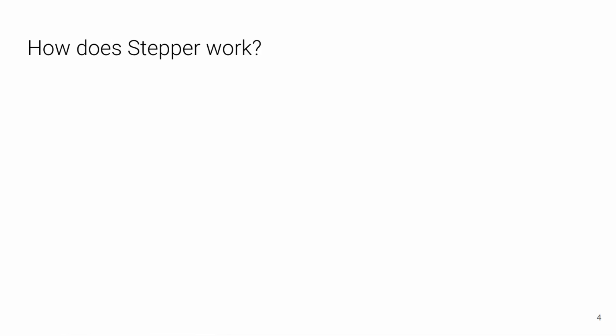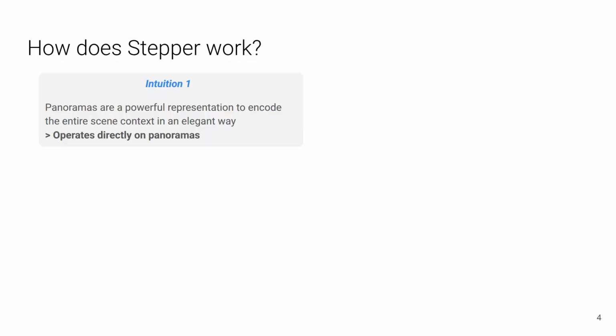So how does our approach Stepper work? Taking inspiration from the baselines, especially from Matrix 3D, we develop two main intuitions. First, we realize that panoramas are a very powerful representation to encode the entire scene context in an elegant way. Therefore, we aim to operate directly on panoramas.